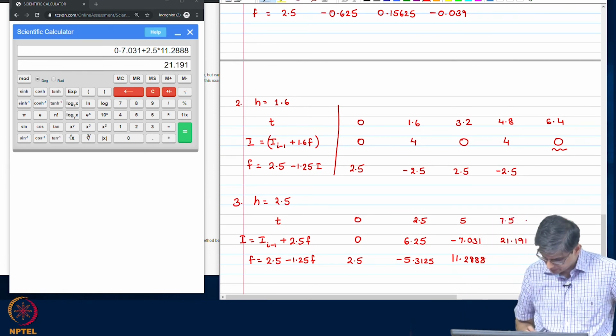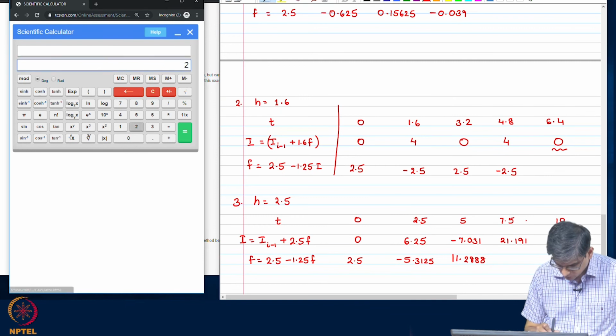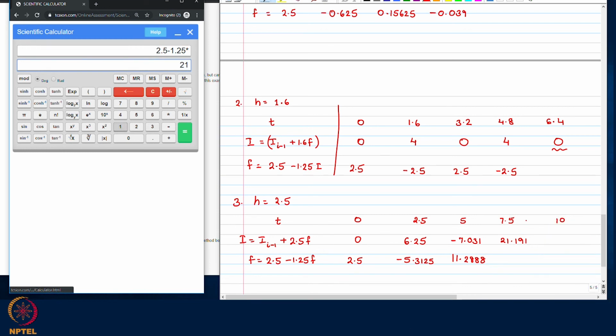F is going to be equal to 2.5 minus 1.25 into 21.191, which is minus 23.988.